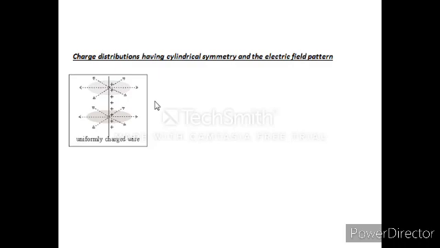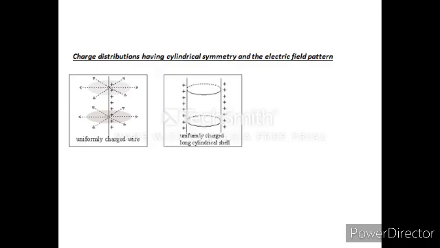Let's come to the other example, the cylindrical shell one. This is a cylindrical shell having uniform surface charge density. Here even the axis of the cylinder will be the line of symmetry. Field pattern will again be the same, this way only, perpendicular to the line of symmetry.